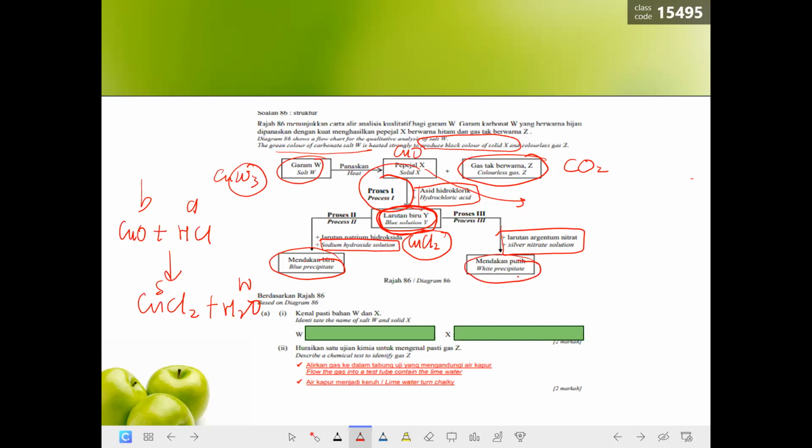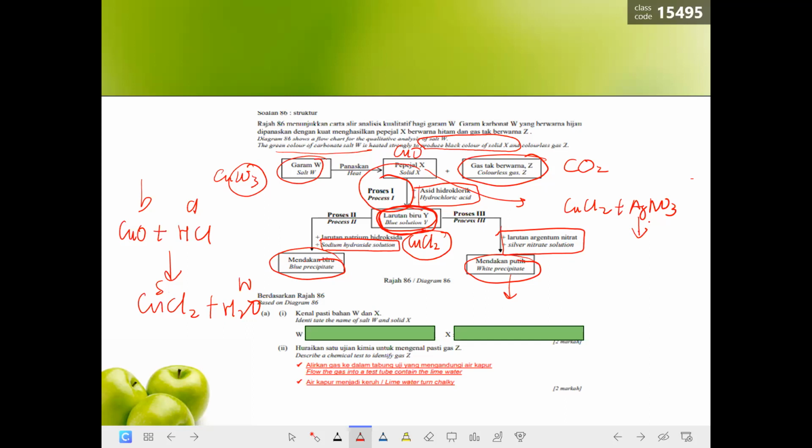Okay, I want first of all, tell me what is this white precipitate, class? Copper chloride plus silver nitrate. What is that white precipitate? Copper nitrate. Wrong. One more.